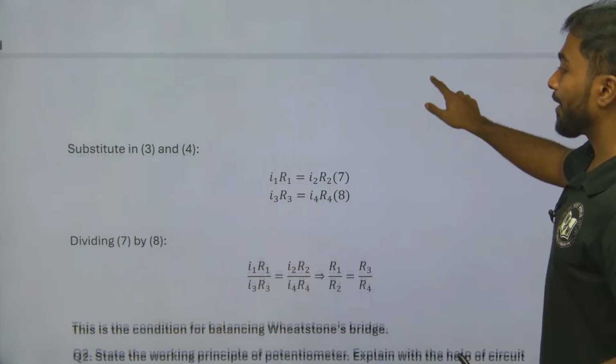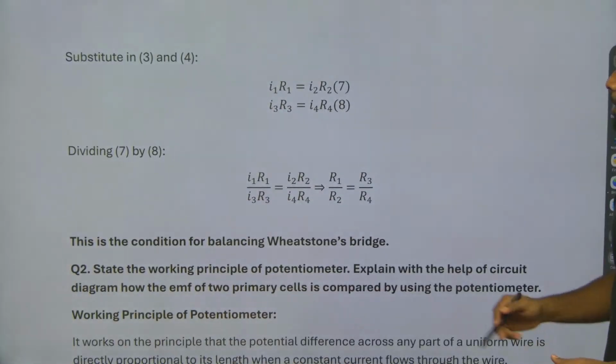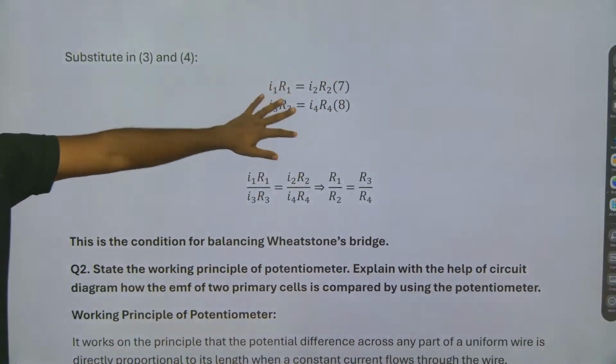Substitute the values in equations 3 and 4. So I1 R1 will be equal to I2 R2, and I3 R3 will be equal to I4 R4.